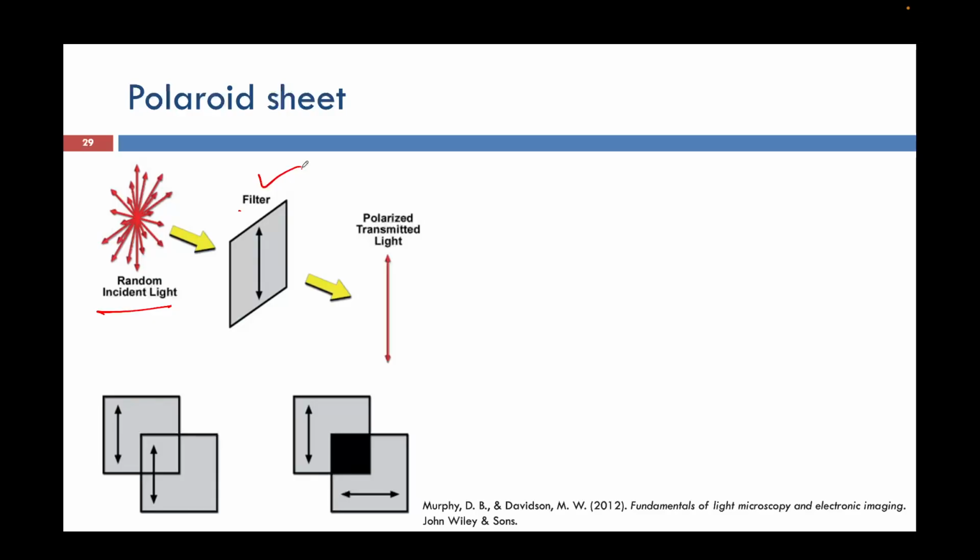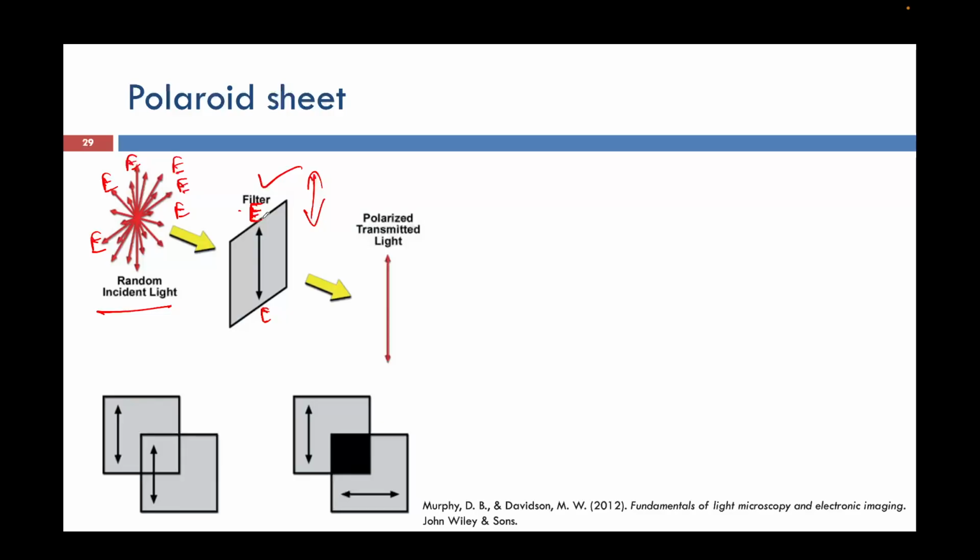In this light, the E vector is randomly polarized, so the E vectors are in all directions. But after putting a filter, only the light whose E vector is in this direction will cross. Coming to the E vector, in the last class I told you that light is an electromagnetic radiation where electric vectors as well as magnetic vectors are there. So those E vectors I am talking about. If I am using a filter, then I will get the polarized transmitted light like that.